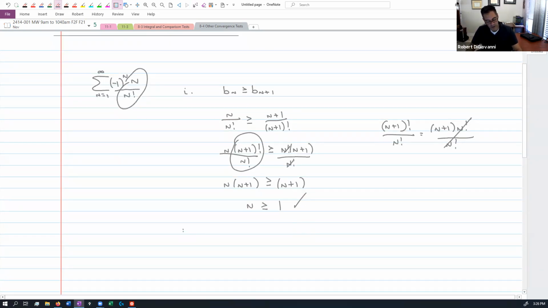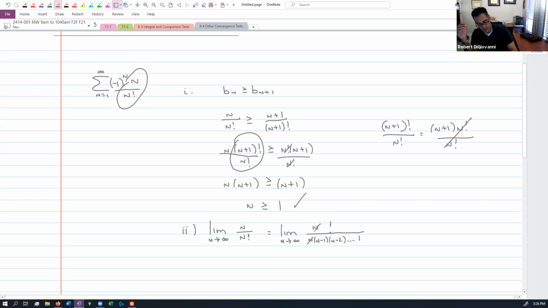That's the first condition of the alternating series test. The second condition is that the limit as n goes to infinity of b sub n goes to 0. You can't use L'Hopital because you can't take the derivative of a factorial, but you can rewrite the bottom as n times n minus 1 times n minus 2, down to 1.